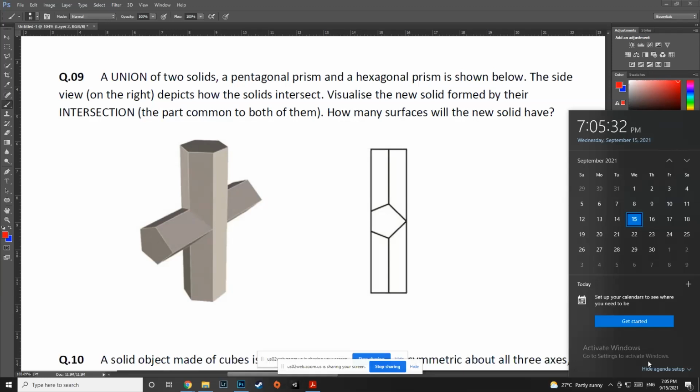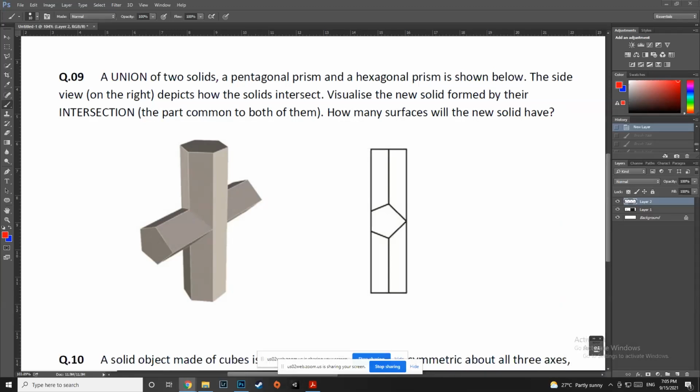Number of surfaces of the new solid formed by these two. Not actually, Anirudh. You're almost there. Total surfaces of the intersecting parts of the two solids. Correct. We need to cut off the part where both the shapes intersect and find out how many sides the new shape has.